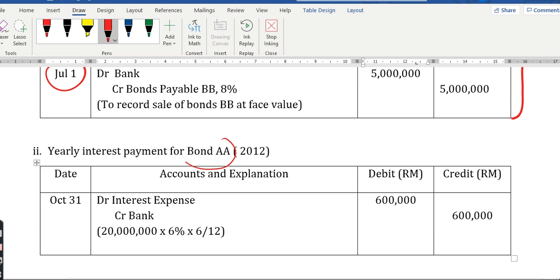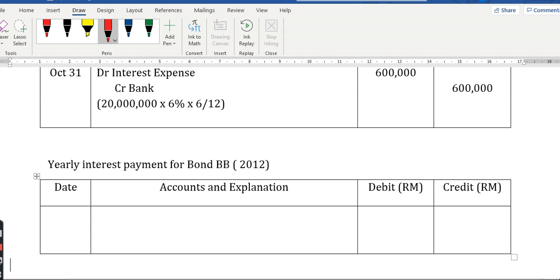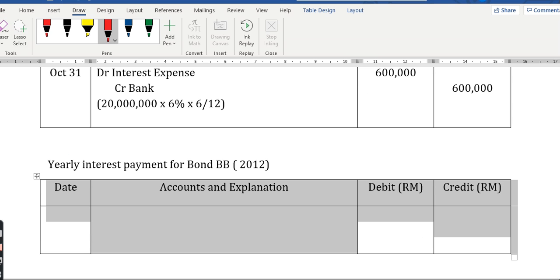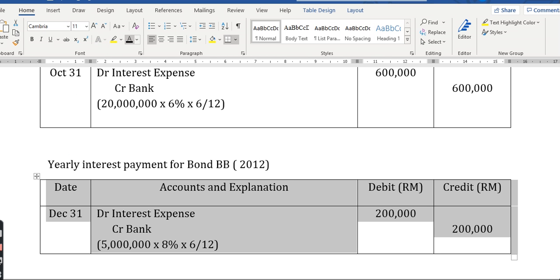Okay, and then next you need to record the payment of interest for the second bond, that is bond BB. So bond BB is issued on 1st of July 2012, so the first payment of the interest is due on 31st of December. So you will be doing the same thing.